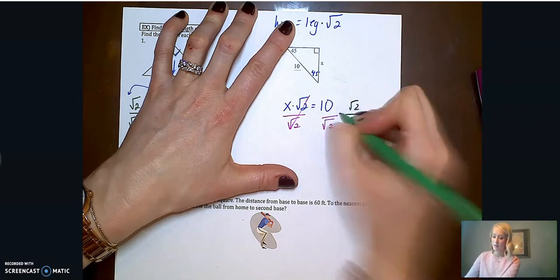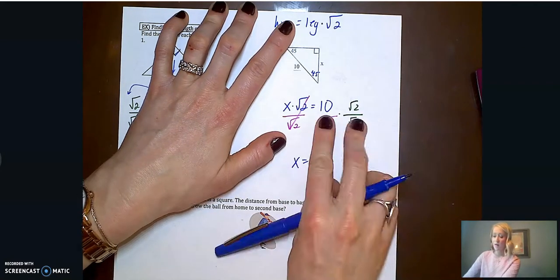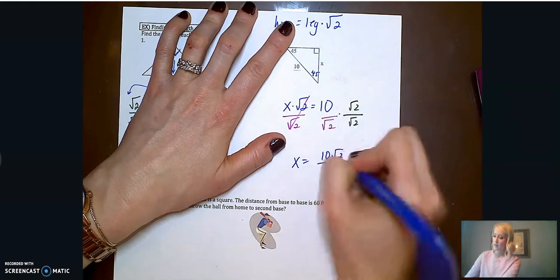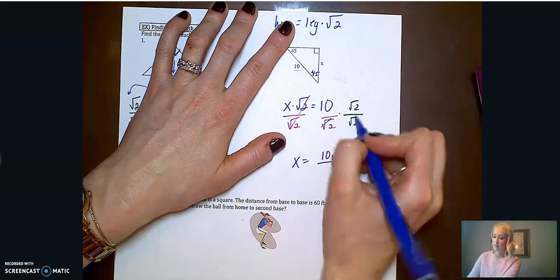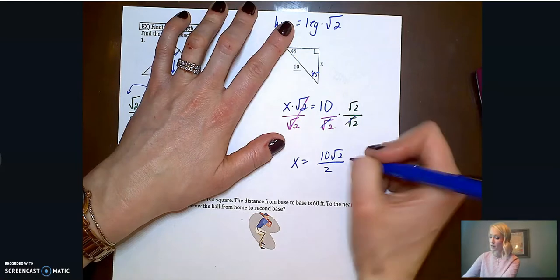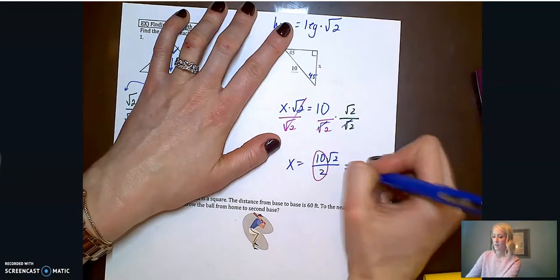Multiply by radical 2 over radical 2. Okay, shortcut this a little bit. On the top, plain number, radical number. Stick them together. On the bottom, radical 2 times radical 2 is radical 4. Basically, guys, the radical just always goes away, and it's just 2. Then divide those guys, 5 radical 2.